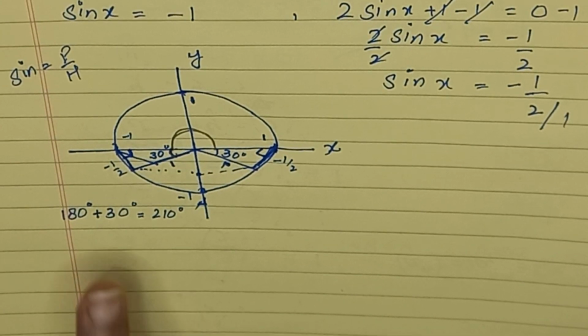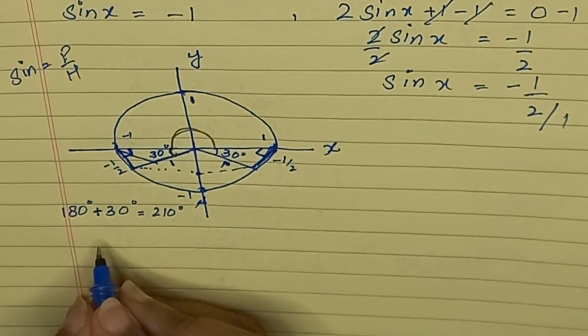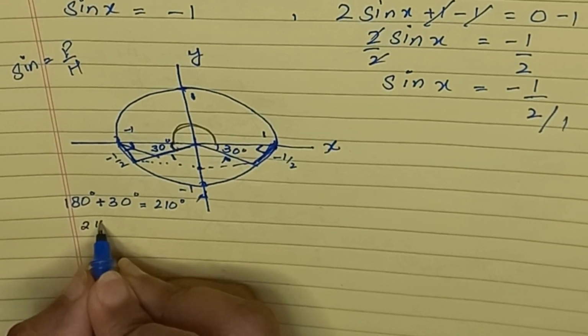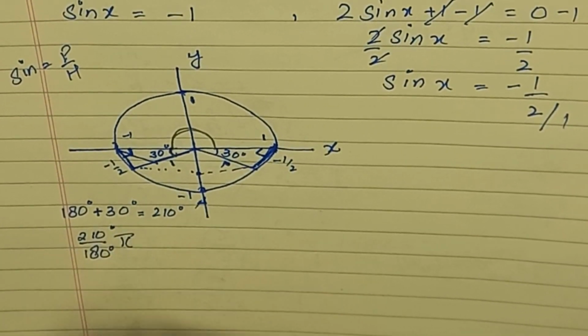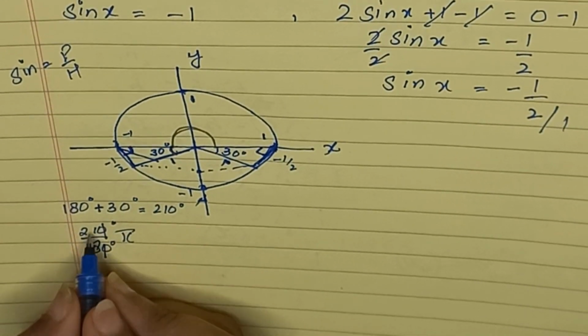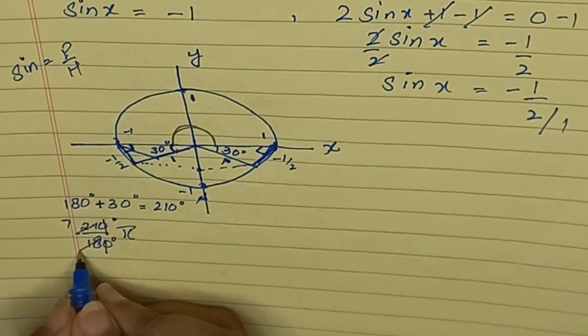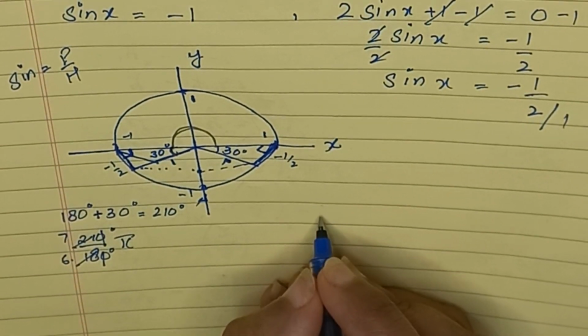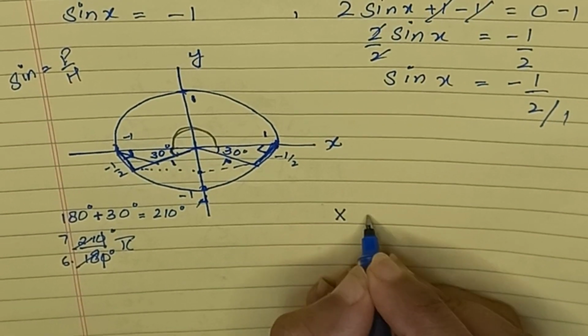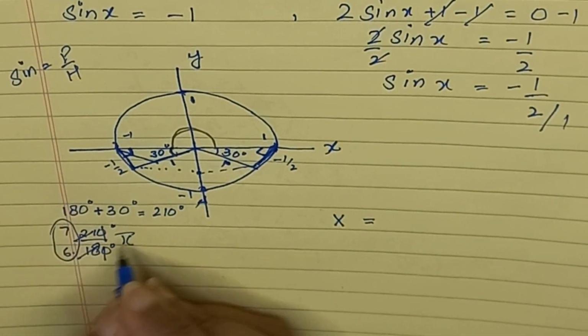Now we will convert our degrees into radians, so it will become 210 degrees divided by 180 degrees times pi, and 0 and 0 will be cancelled out. 3 7s are 21, 3 6s are 18. So from here we have our first value of x, which is 7 divided by 6 pi.